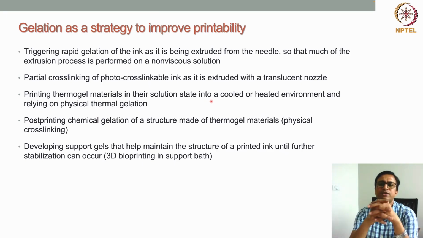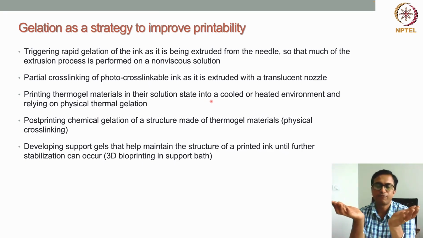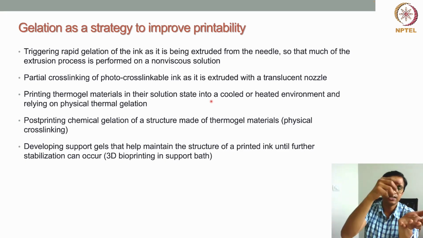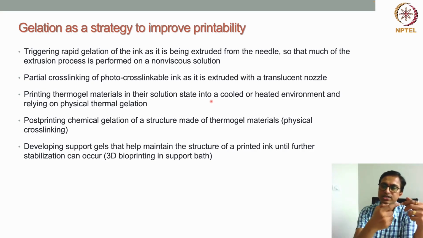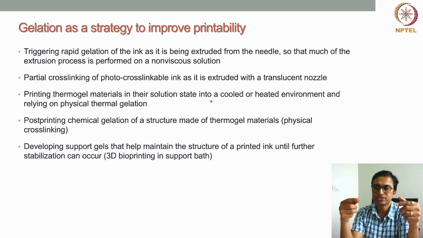A very good example: suppose we are printing alginate in a gelatin support bath. If we mix calcium ions within the gelatin support bath, then whenever the alginate comes out and gets deposited in the gelatin bath, the calcium ion will cross-link the alginate, right?